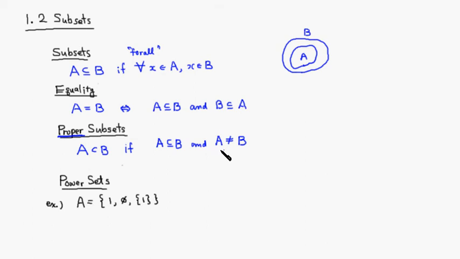So if it's a strictly smaller set sitting inside, then we say it's a proper subset. So A is a proper subset of B.